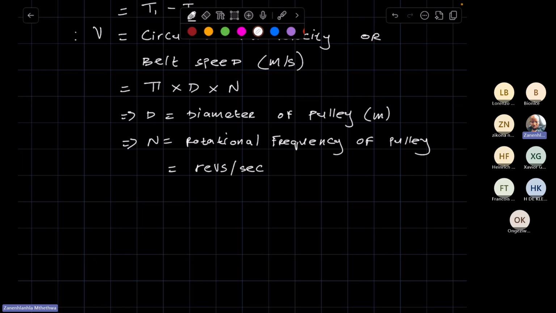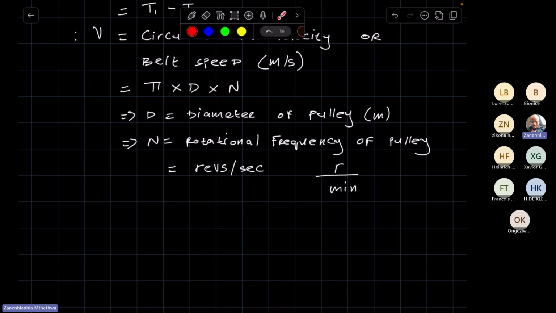If it has been given as revs per minute, RPM, you have to convert it to revs per second when substituting it in this formula.